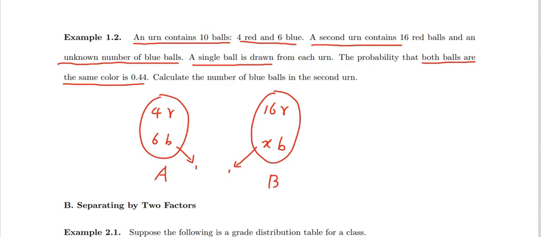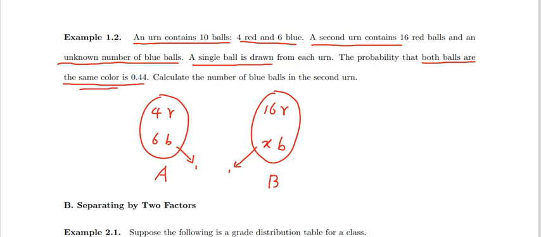From each we just pick one. What is the chance that these two balls are the same color? So here we know the probability and want to find X. Let's say there's a probability of the same color.